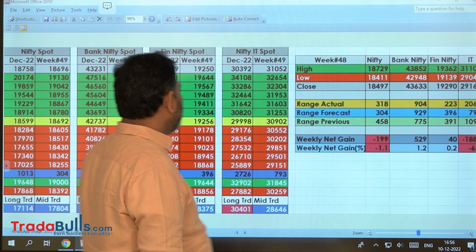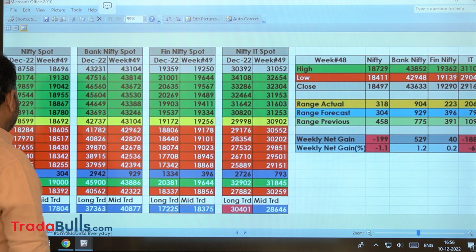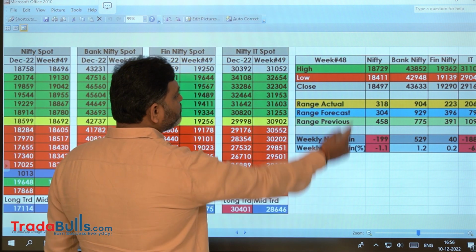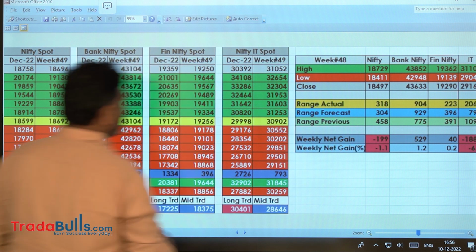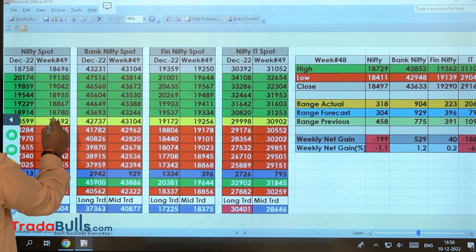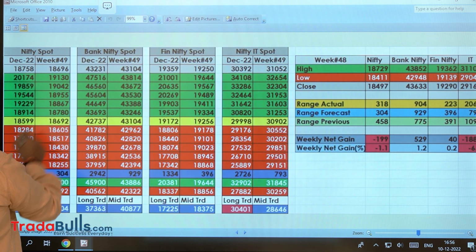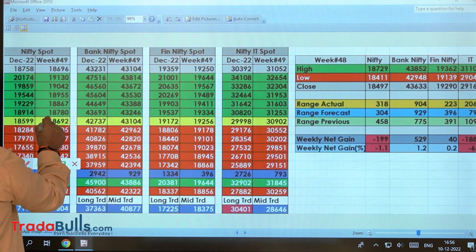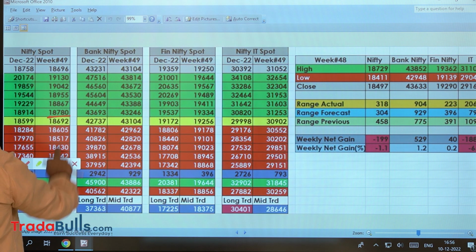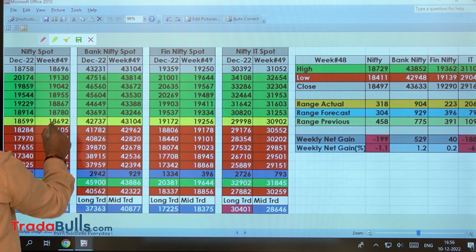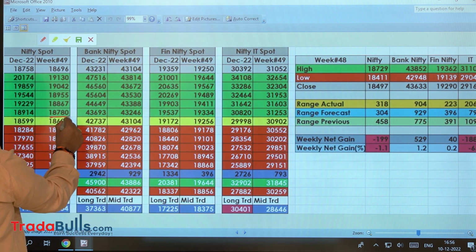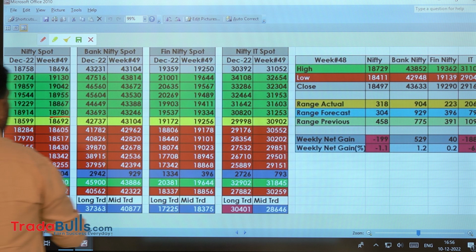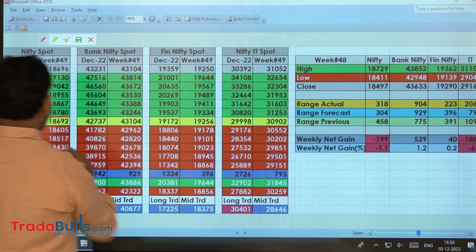So when we compare with all this data, last week's high in Nifty was 18,729, so it entered into Nifty's green zone, and the low was 18,411.